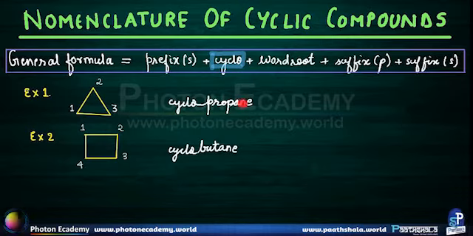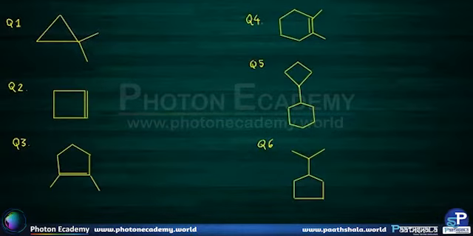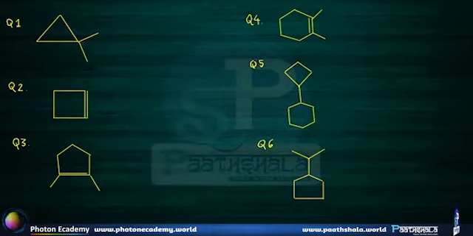Now, let's solve some slightly more difficult examples to learn the naming of cyclic compounds. In question number 1, we will start by numbering the correct main chain. Numbering will start from this carbon because there are 2 substituents present on this carbon atom. So, from the lowest locant rule, this carbon should be numbered as carbon number 1.